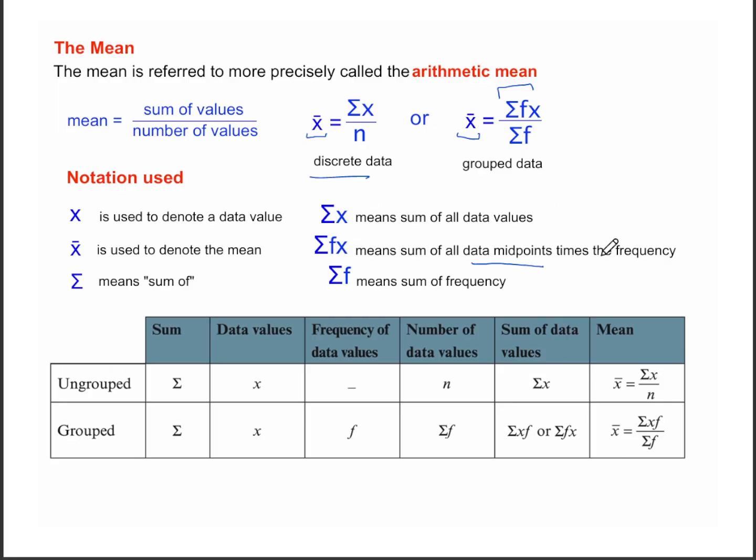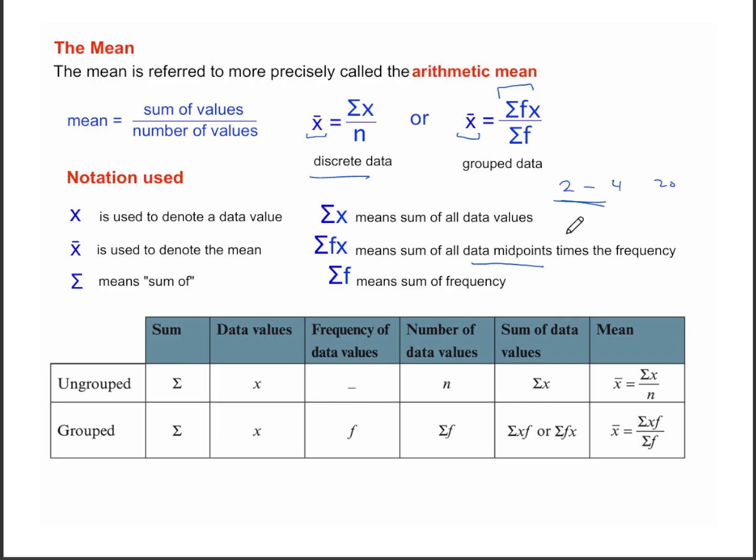Why do we take the data midpoints? Remember, when we have classes, we have, for example, from 2 up to 4, and we're given the frequency of, let's say, 20 in this. If we want to find the average, what exact data point do we use from this class? Because remember, when you want to find the arithmetic mean, what we have to do is sum up all the data points. What data point do we use here?